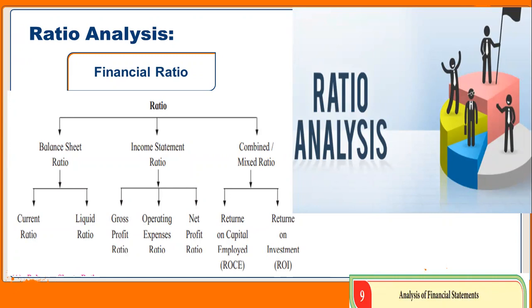Balance sheet ratio is again divided into two parts, current ratio and liquid ratio. Income statement ratio is divided into gross profit ratio, operating expenses ratio, and net profit ratio. Combined or mixed ratio is divided into two parts, return on capital employed ratio and return on investment ratio.